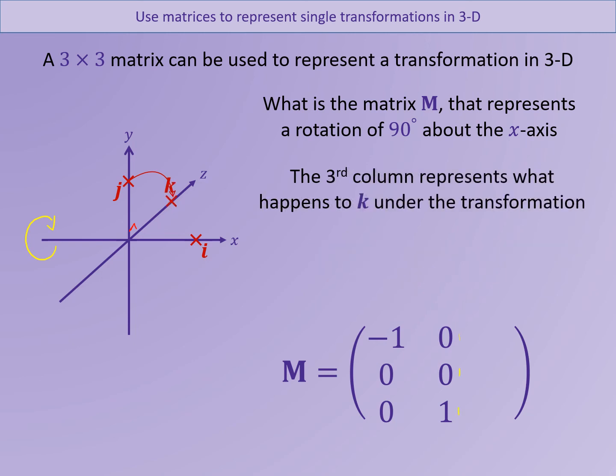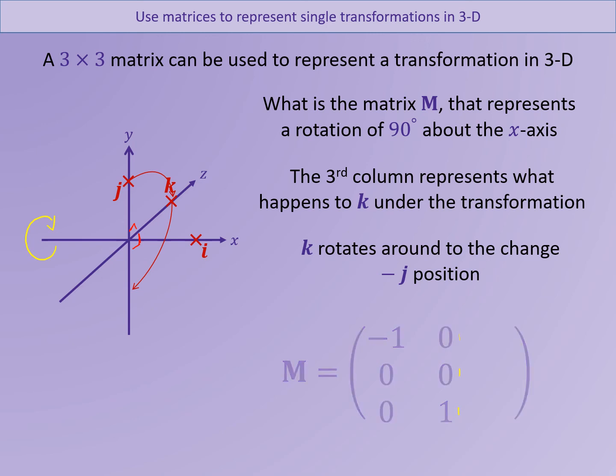Let's take a look at that final point then. So K, which is on the z-axis, as this rotates round, so we are now moving down here, I'm going to move underneath, and this is in the position minus J, and this represents 0, minus 1, 0.